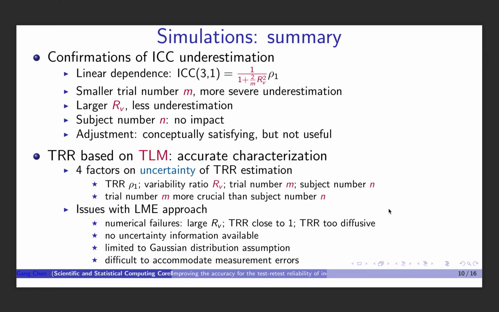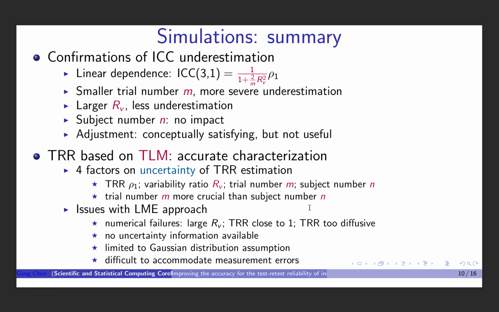There are three major players: the two sample sizes, trials and subjects, and the relative magnitude of the cross-trial variability. The trial sample size plays a somewhat more important role than the subject sample size, based on the simulation results.